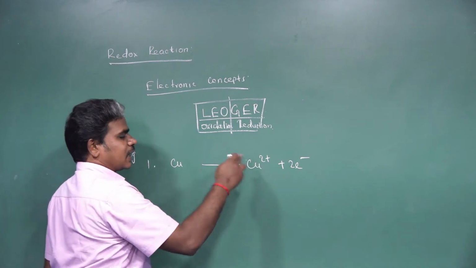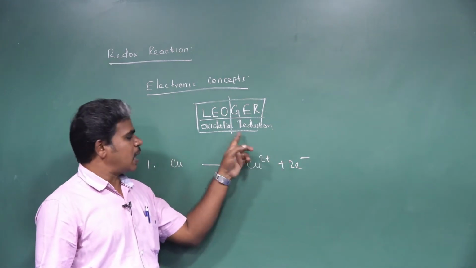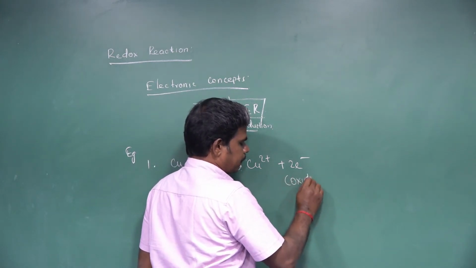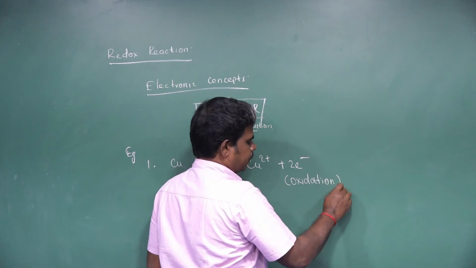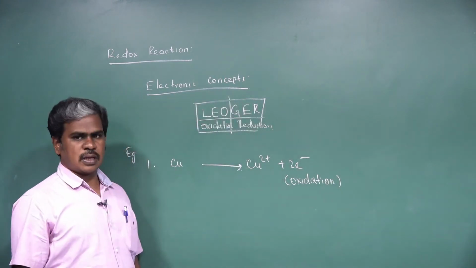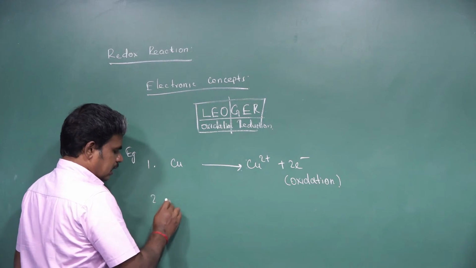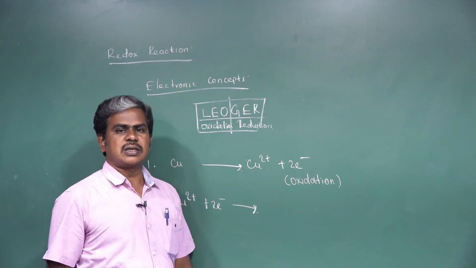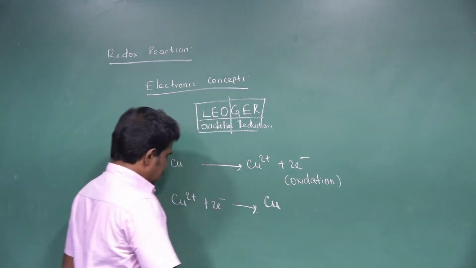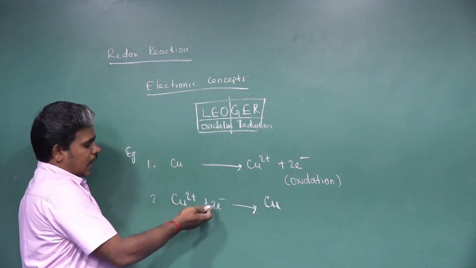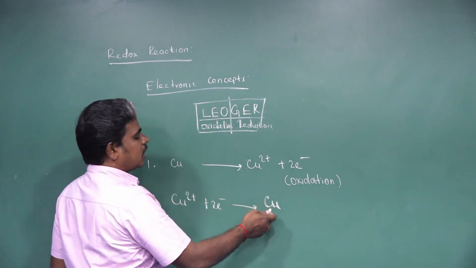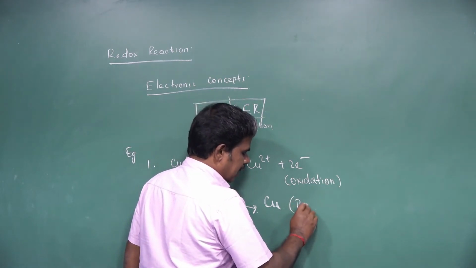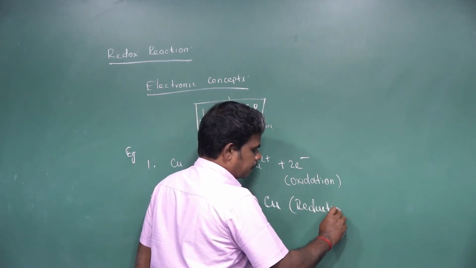So loss of electrons from the element is oxidation, the oxidation process according to the electronic concept. Then the reverse: Cu2+ plus 2 electrons becomes Cu. Here the Cu2+ ion accepts 2 electrons and becomes copper, a gain of electrons, so it is reduction.